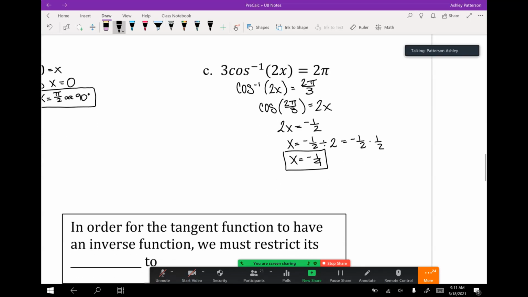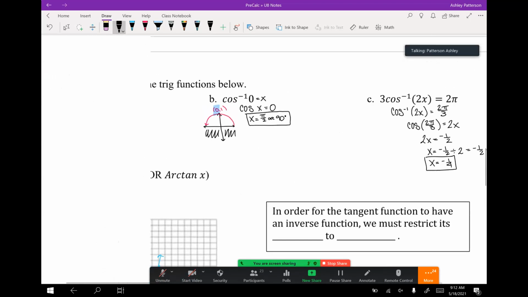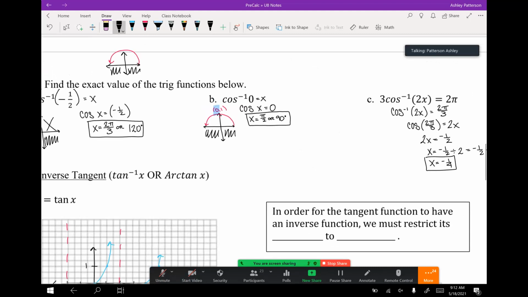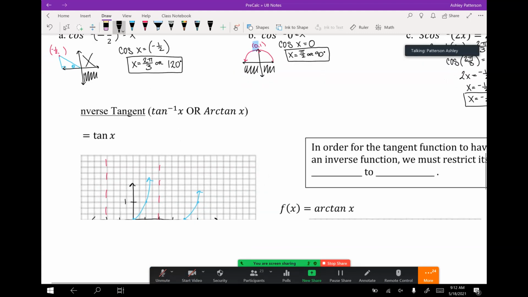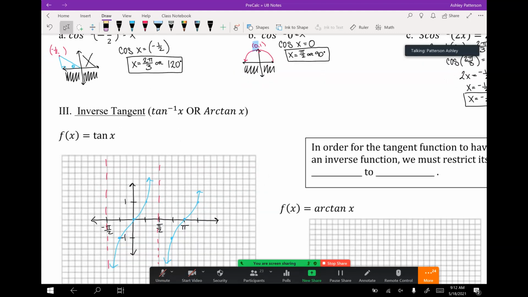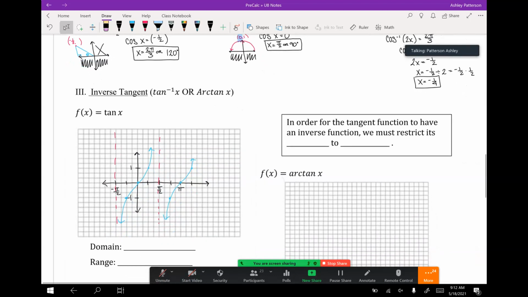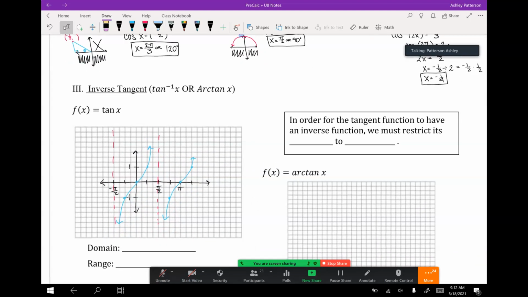Okay. All right, let's take a look at tangents. Notice this can be written as inverse tangent with that exponent or arctan, just like the others. This is not a one-to-one function. None of them are. So in order for tangent to have an inverse function, we're going to restrict its domain.